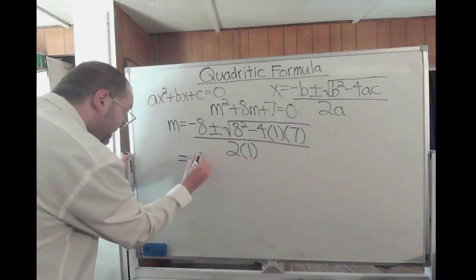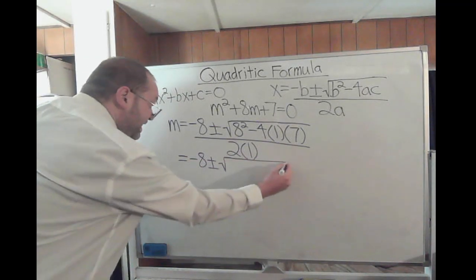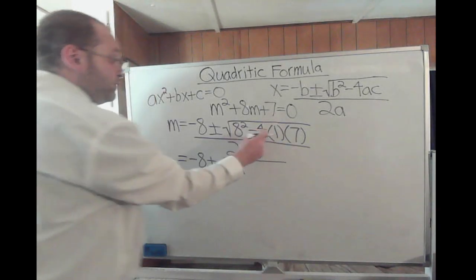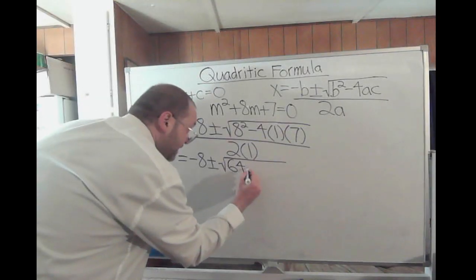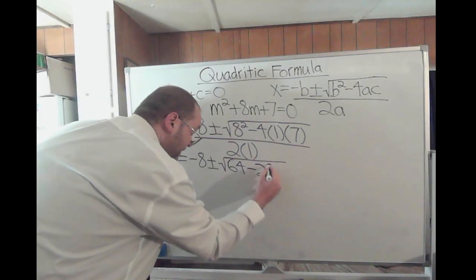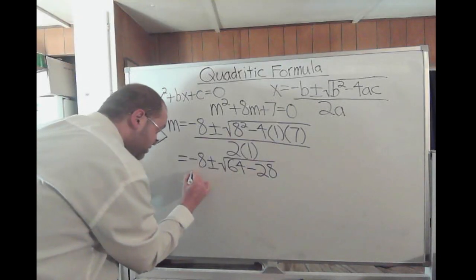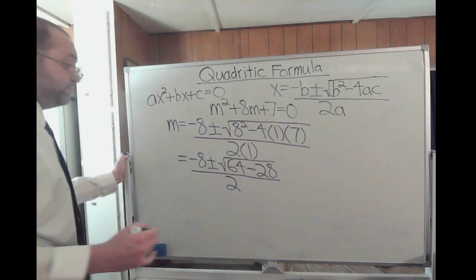This will equal negative 8 plus and minus the square root of, let's see, 8 squared is 64. Then negative 4 times 1 is negative 4 times 7. Well, that's going to be minus 28. So we have the square root of 64 minus 28 all over 2 times 1, which is 2.